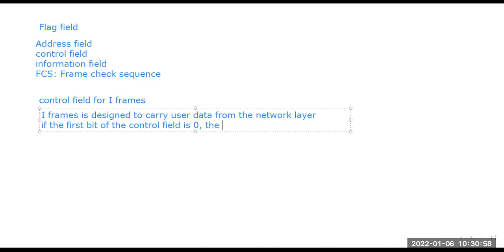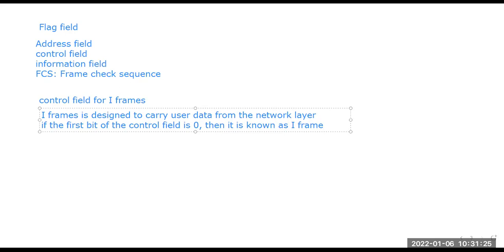Then it is known as an I frame. So if the first bit of the control field is 0, then it is known as an I frame.